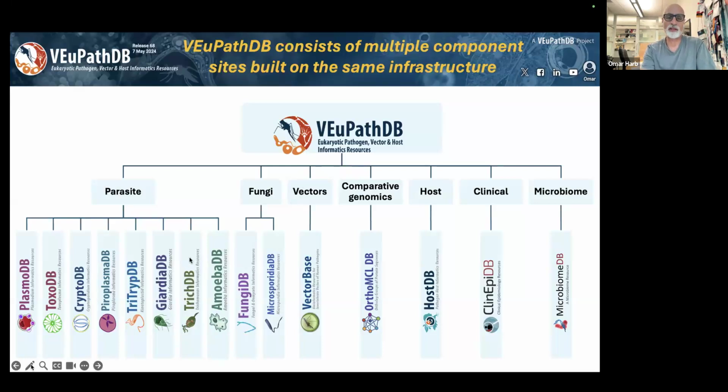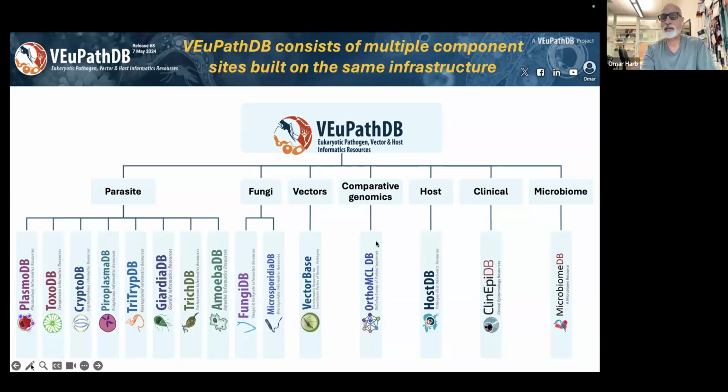These include databases that cover various parasitic organisms, fungal pathogens, and model organisms, vectors of disease, including mosquitoes and ticks, databases like HostDB that cover host response to pathogen infection, and clinical and microbiome databases that are associated resources built on the same model. And finally, OrthoMCL, which is a comparative genomics resource, and will be the subject of today's webinar.